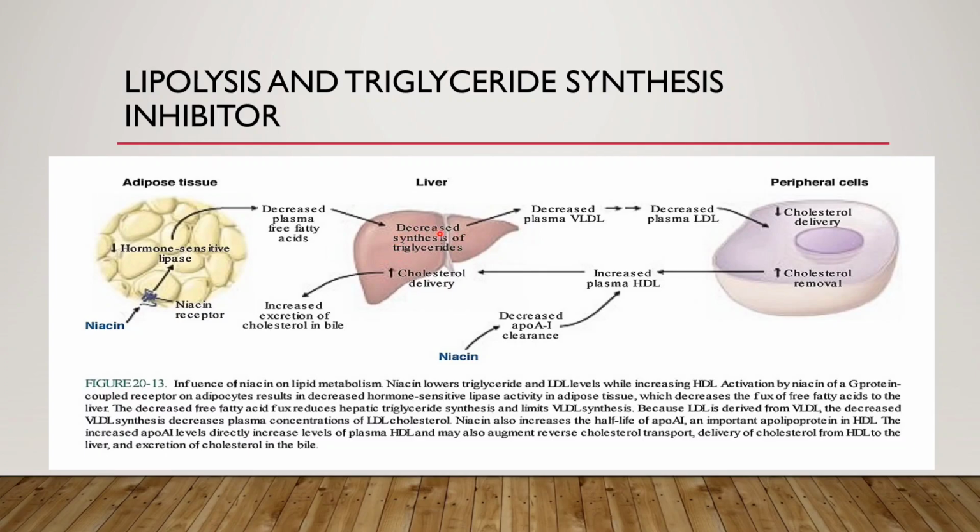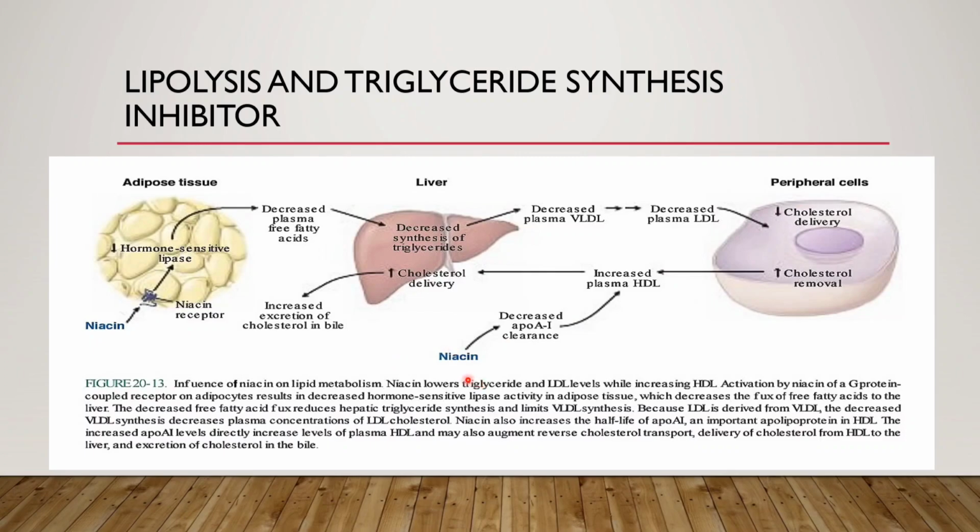Triglyceride is a constituent of VLDL. So there is decreased plasma VLDL, and LDL is formed from VLDL. Due to less plasma VLDL, there is less cholesterol delivery to peripheral cells or tissue.